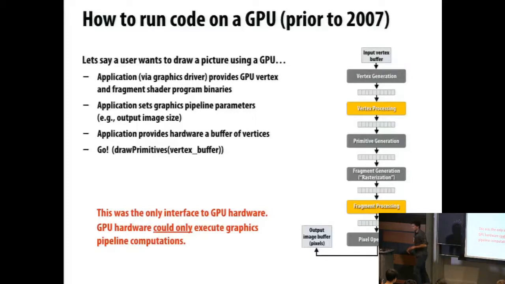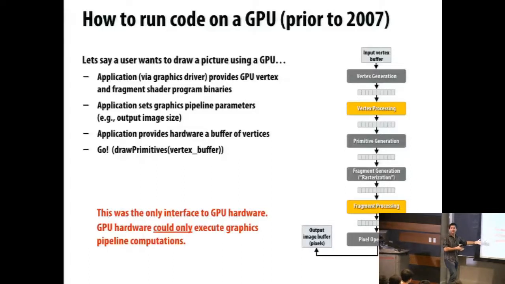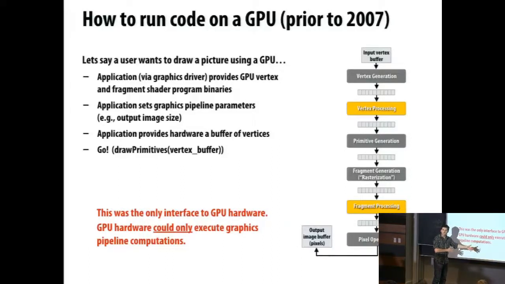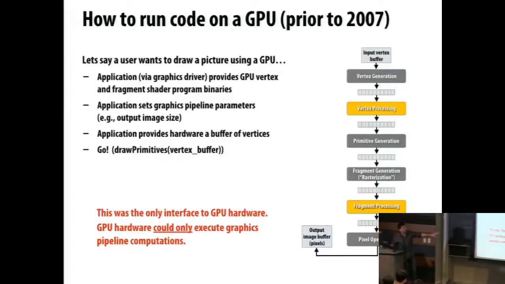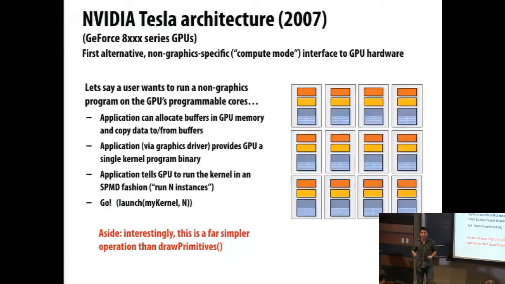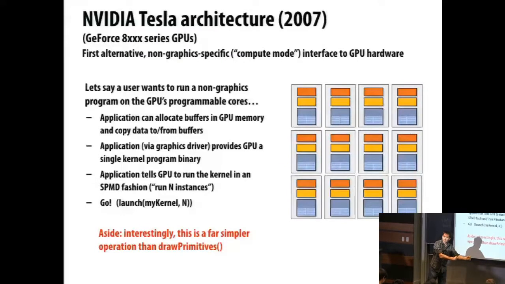So what we're going to talk about today is an alternative ISA, or an alternative interface to the GPU hardware, which is nothing like graphics and not quite like a normal CPU. What we're going to do now is say, hey, here's my kernel function. Run it n times. I'm going to put some buffers in memory for you that you can read and write from.